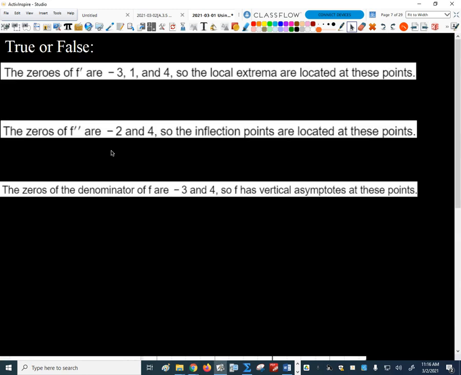Okay, true or false? Let's take this first example here, the top example. The zeros of f prime are -3, 1, and 4. So the local extrema are located at these points. For that to be false, you only have to be able to find one counterexample. True or false? Type it in chat for the first one.